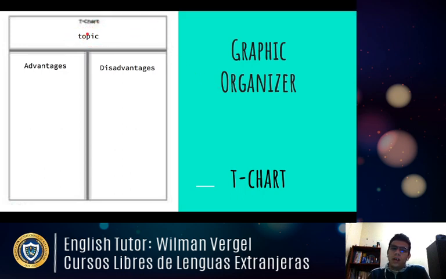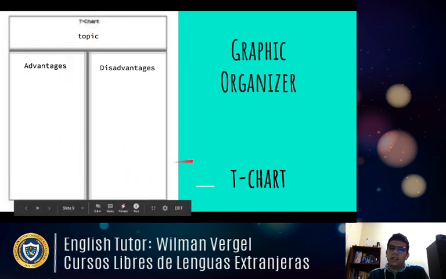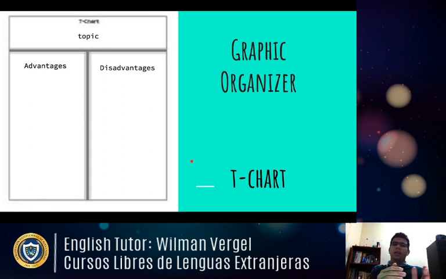We write the topic here, and we write advantages and disadvantages, or similarities and differences about this topic. Then when I have everything clear, I start choosing which ideas I'm gonna write first, which ones are gonna be the second, the third, and all that. So first of all, we need a graphic organizer.